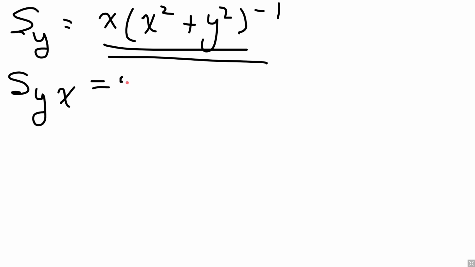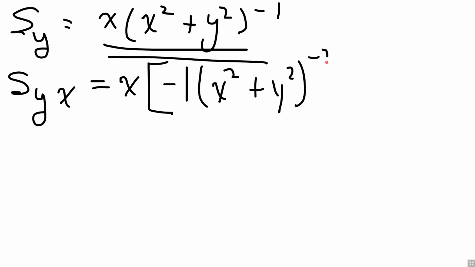So I'm going to do first times the derivative of second, which is going to be -1 times x squared plus y squared to the -2 times, now if I take the derivative of the inside with respect to x, I'm going to get what? 2x.